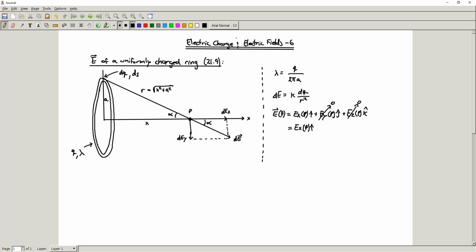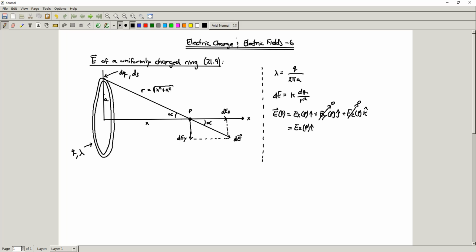And then what do we expect this quantity to do? Once we find our answer, how can we double check this? Well, let's say we slid P all the way back and we were sitting in the very center of the ring. What do we expect to see our electric field doing there? At that point, all the contributions are coming from in the plane here, and we would expect everything to cancel out, right? There would no longer be an x component, and all the y components and z components, as we're coming out of the paper here, would cancel out, right?